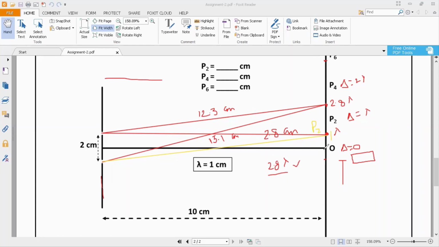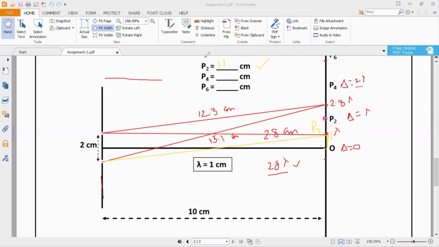Now what you have to do is measure the height. This is, for example, 1.1 centimeter, and that you have to fill in here. Like this, you can identify the height of P2. P4 means delta should be 2 lambda. Where delta is 2 lambda, it may be somewhere here.